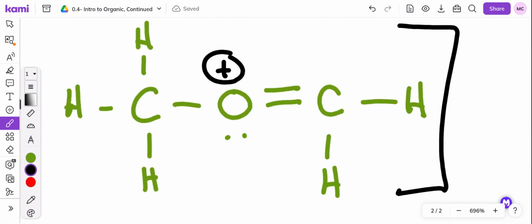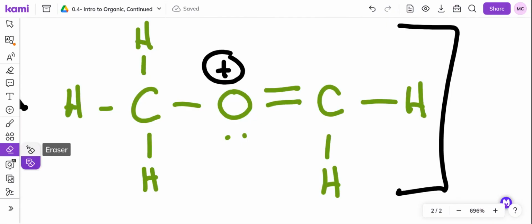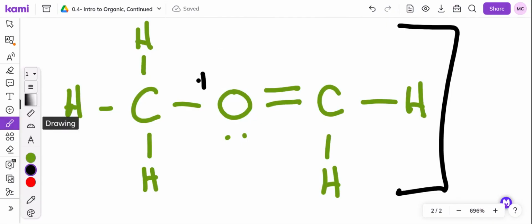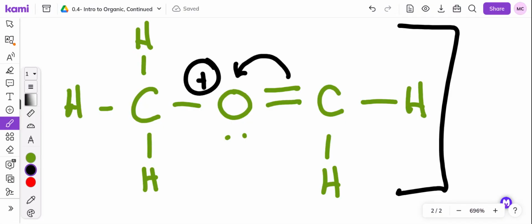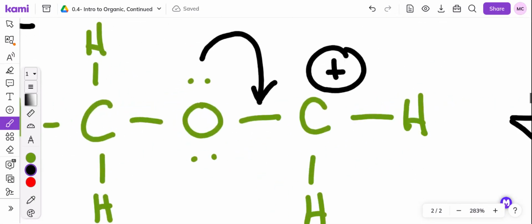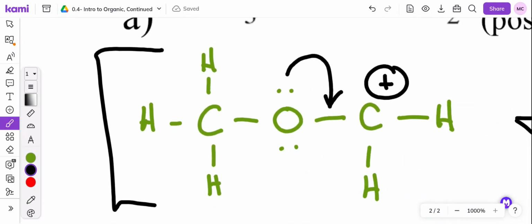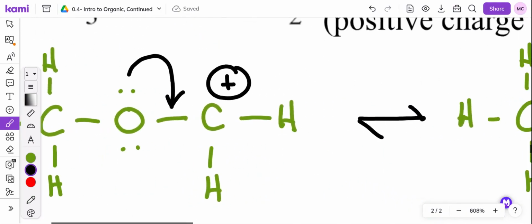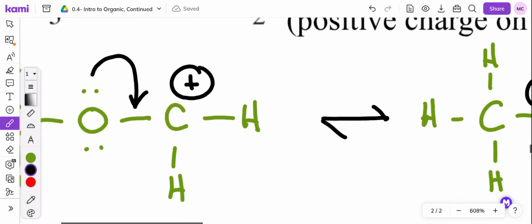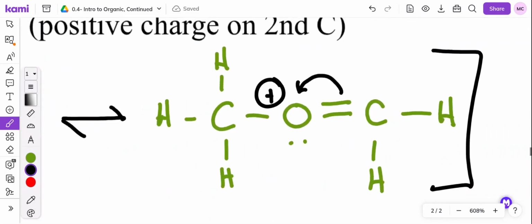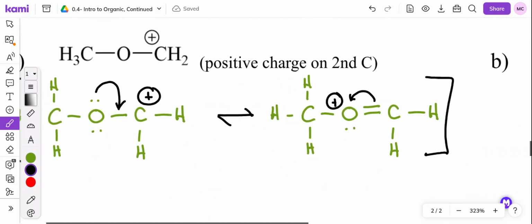It'll take the pair of electrons and move it back to the oxygen. So now we have an oxygen with 2 lone pairs of electrons, and the carbon, again, is back to 3 shared pairs. I know it's kind of fun, kind of wacky, but that's how we go on it.